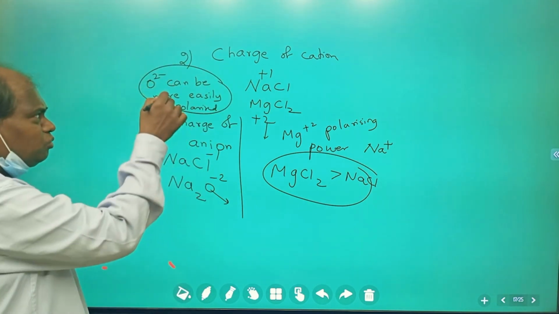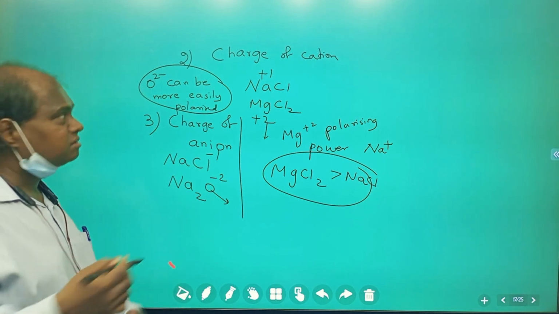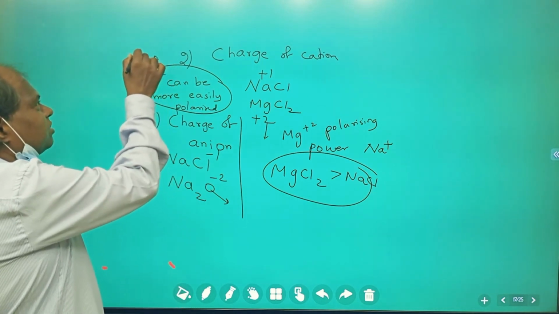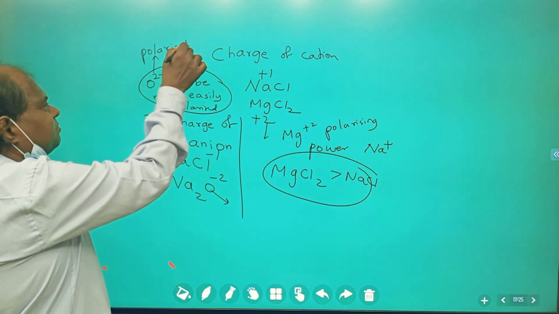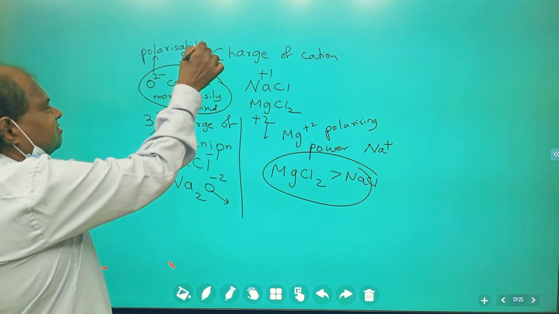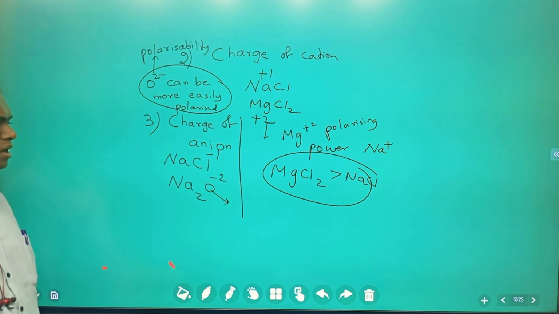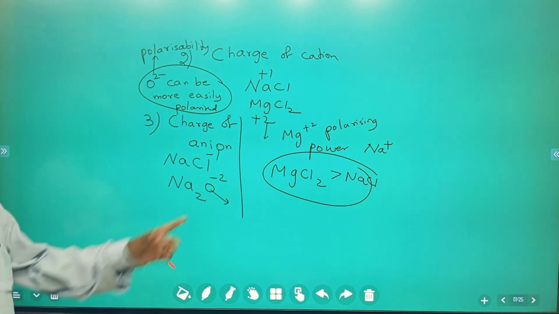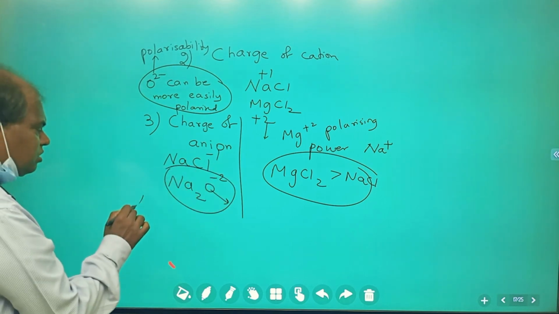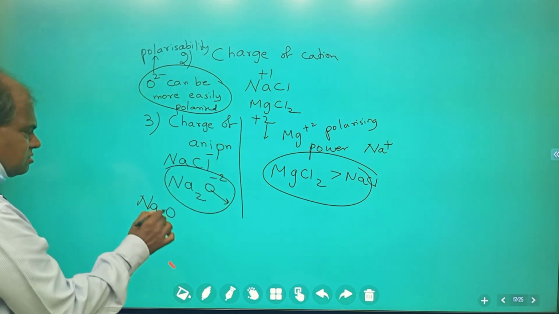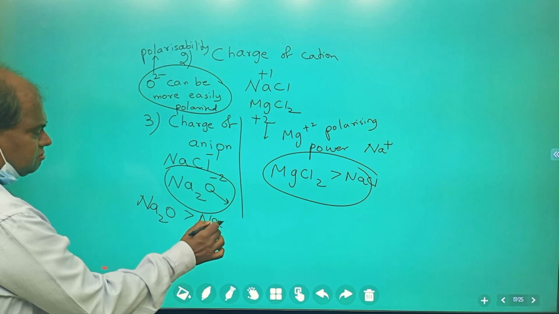And the extent to which the anion can be polarized is called polarizability. So who has more polarizability? Oxide ion. So this will be more covalent. Therefore, you will see that Na2O is more covalent compared to NaCl.